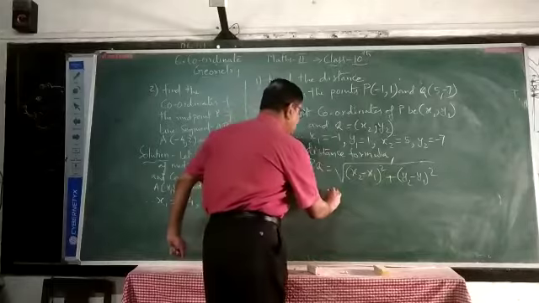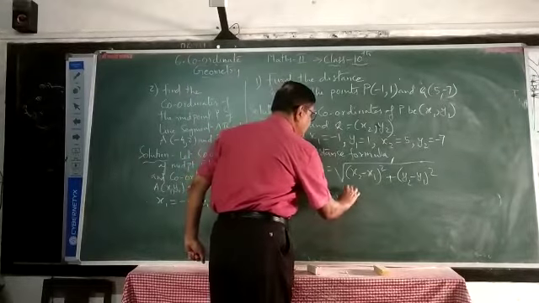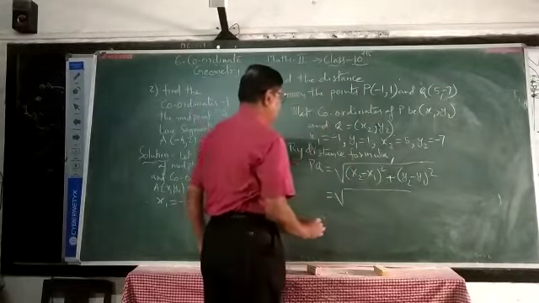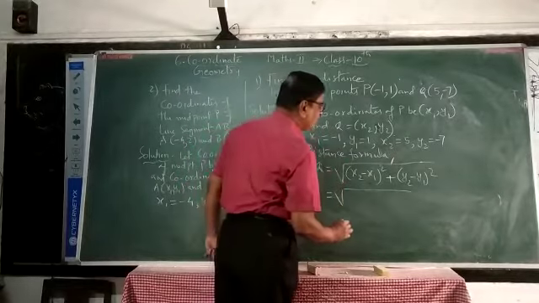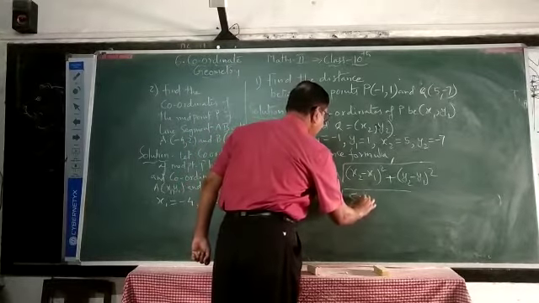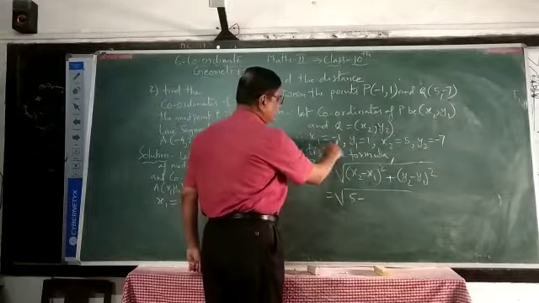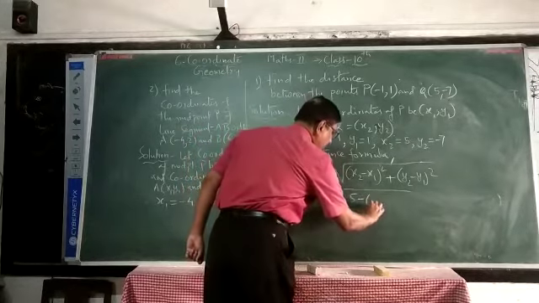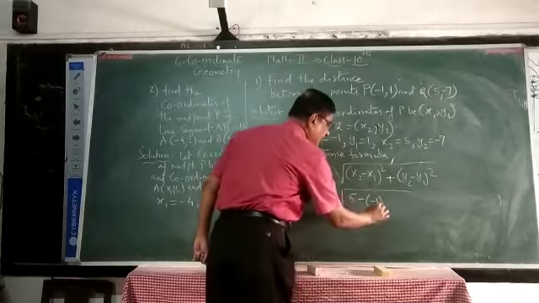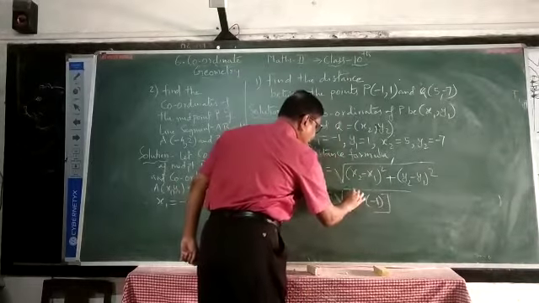So here, by substituting the values, we will get x2 is equal to 5 minus x1 is equal to -1. So we will put -1 in brackets and whole square.